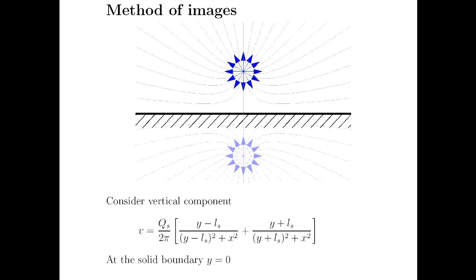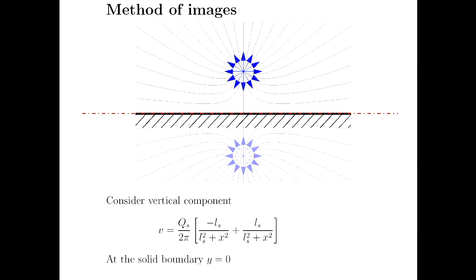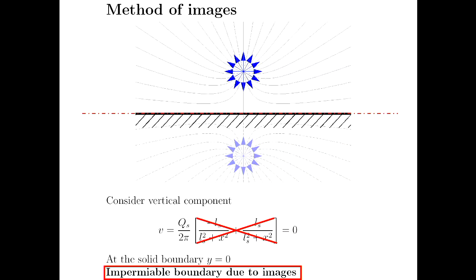So at my wall or my floor, when y equals 0, all I have to do is substitute y equals 0 into my v velocity. You can see that it cancels out, and these terms cancel out as well. And therefore, yes, my impermeable boundary condition is satisfied. So v equals 0 at this floor. So the method of images works.